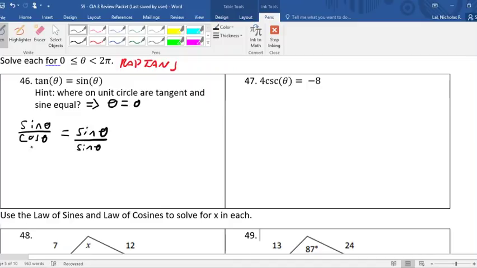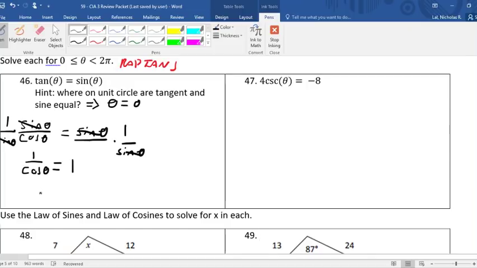Dividing by the sine of theta is the same as multiplying by 1 over the sine of theta. Maybe that will make more sense to you all. So the sine of thetas will cancel out. So you get 1 over the cosine of theta is equal to 1.